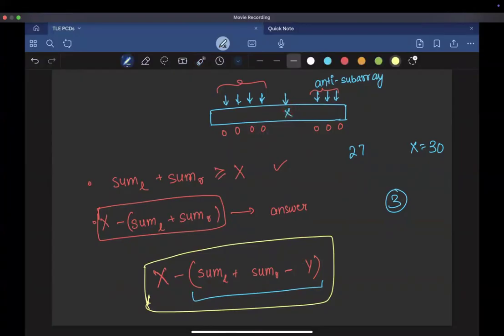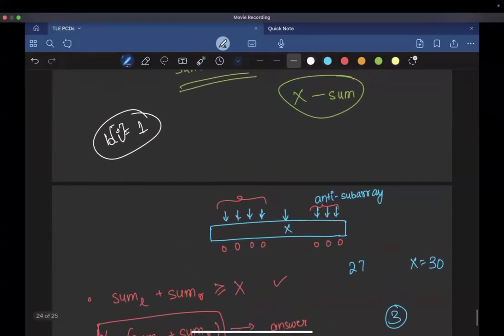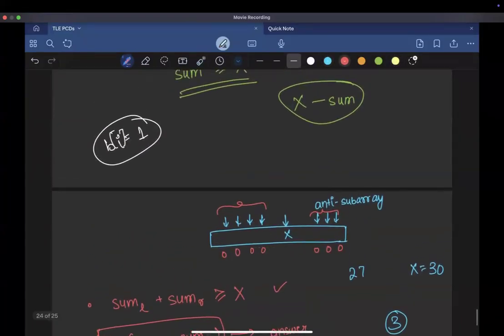Instead, I just thought that maybe I can simply apply DP on the left and the right.